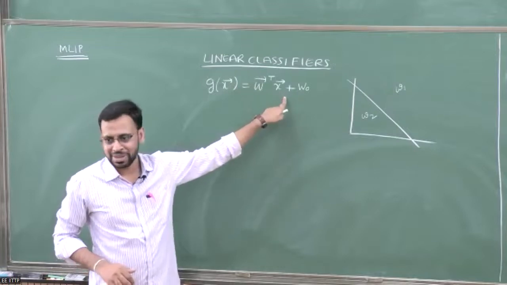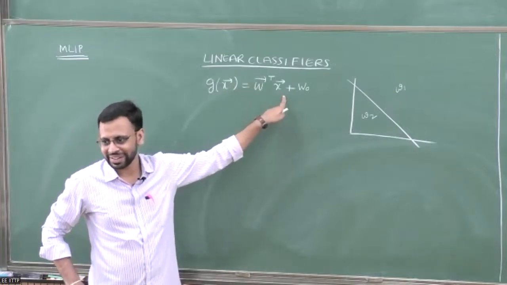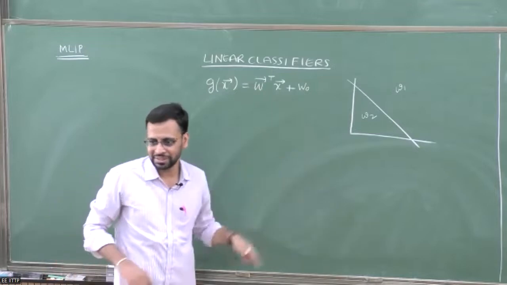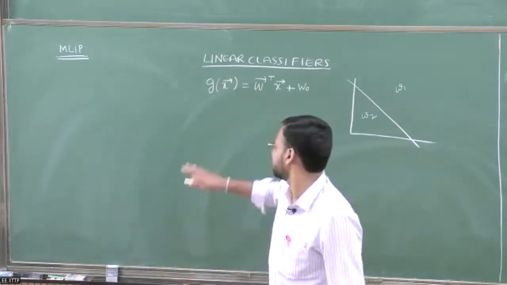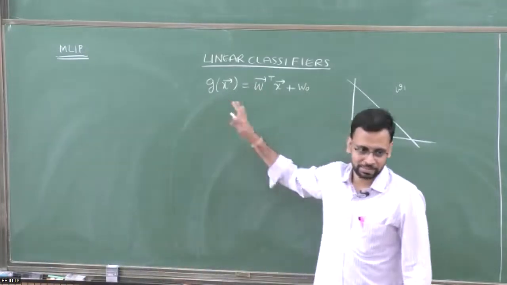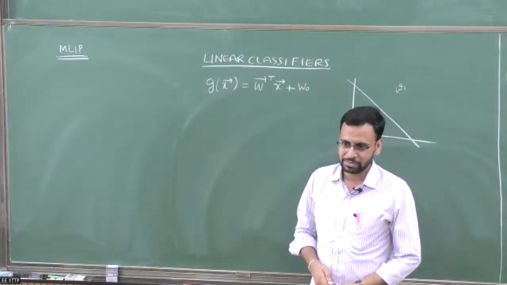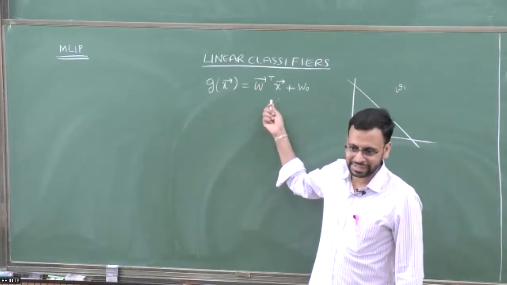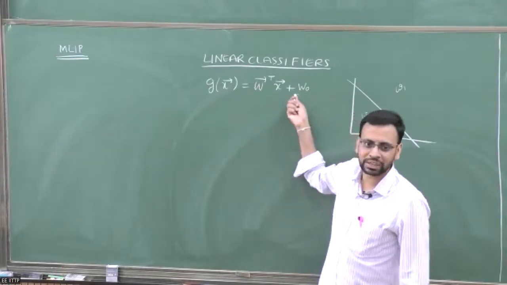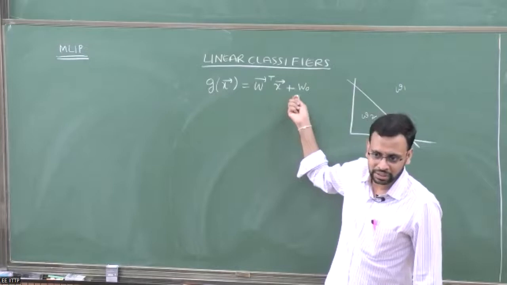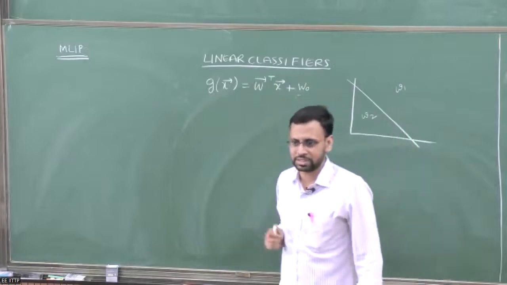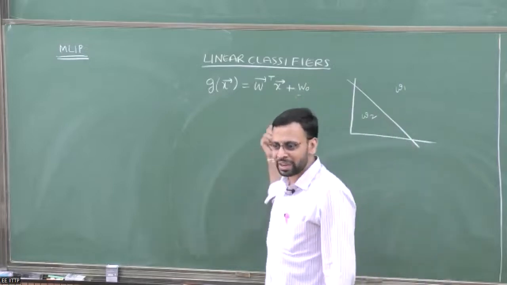Having a background in electrical engineering and signal processing, you should be able to comment on whether this is a linear system. Suppose I have a system like this. Is this a linear system? What is it that is making it not a linear system? Yes, this W naught is what is making it a non-linear system. Is there any way that you could make it linear?